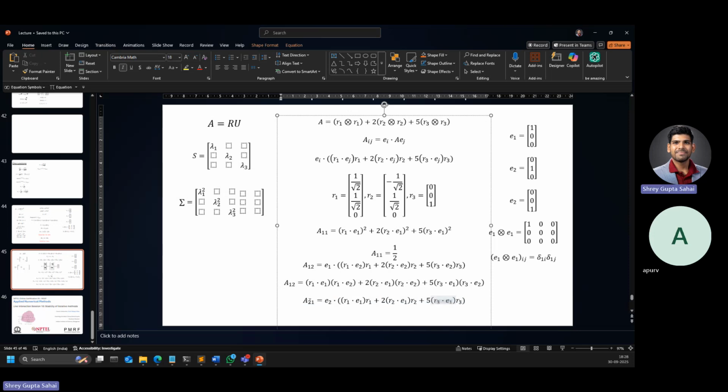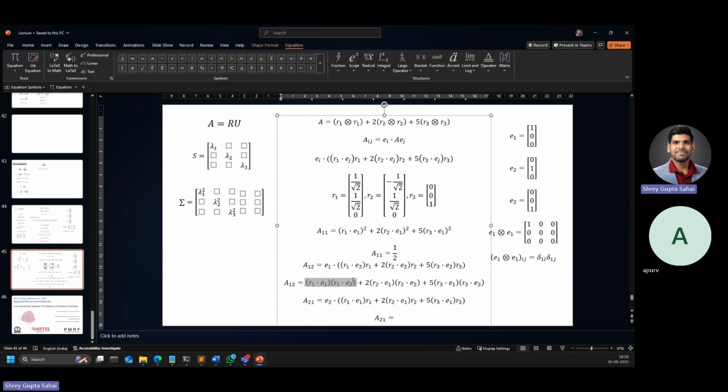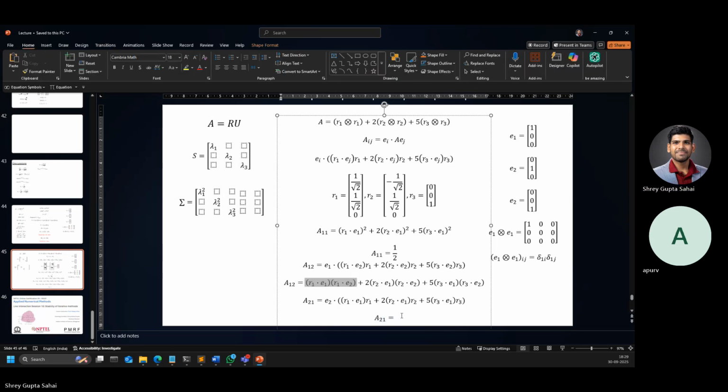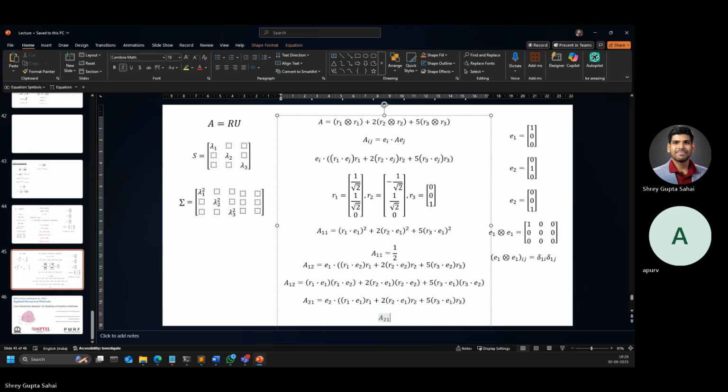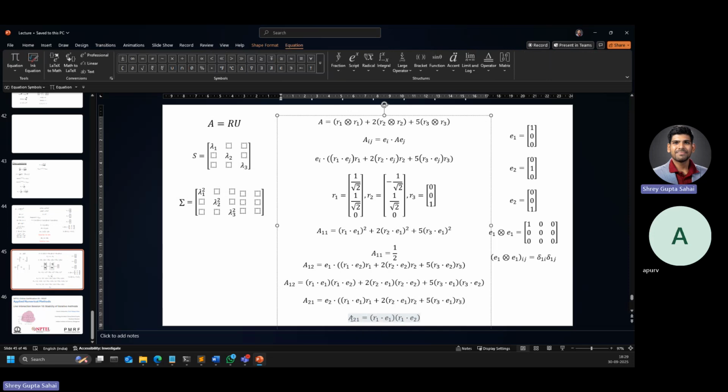What is it? A21 equals R1 E1 and R1 E2. Okay, the first term is fine. Then the second term is 2 times R2 E1 and R2 E2.